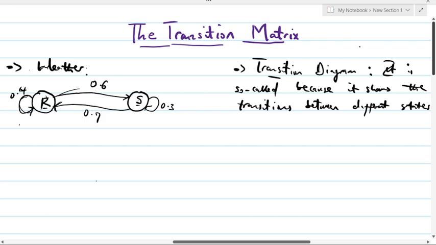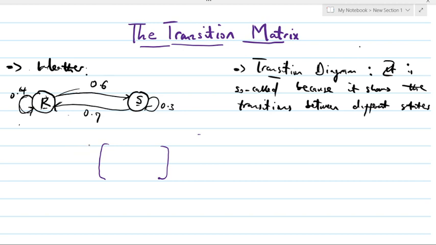Now for us to actually work on this transition diagram, for example with analytical solutions, we need to put it into matrix form, and that is the next thing I want us to check. How can we translate our transition diagram into a matrix? So let's check now. We put matrix brackets.